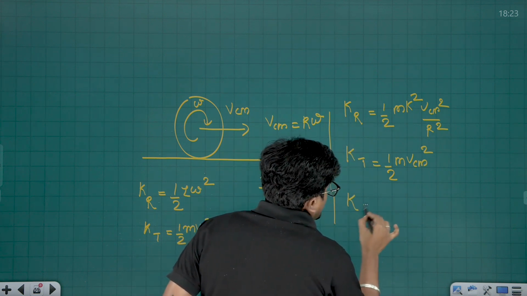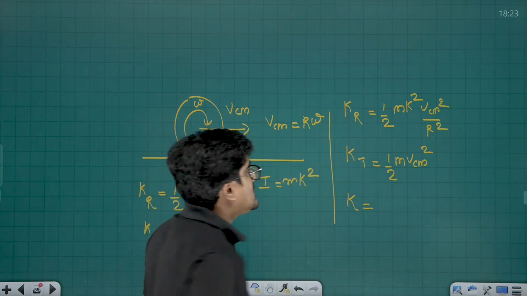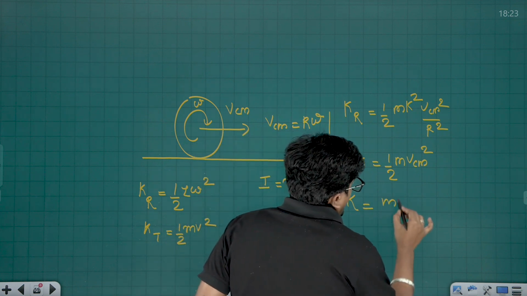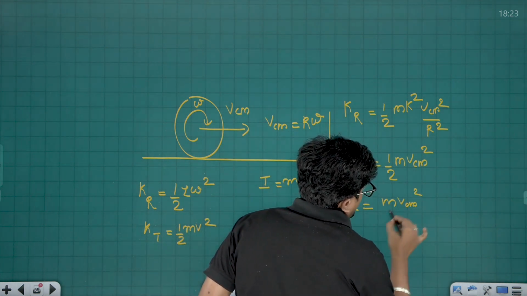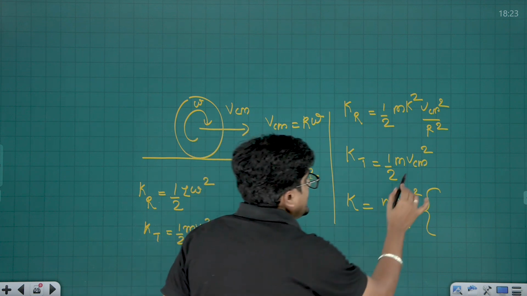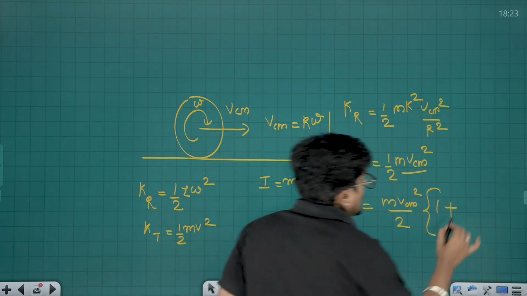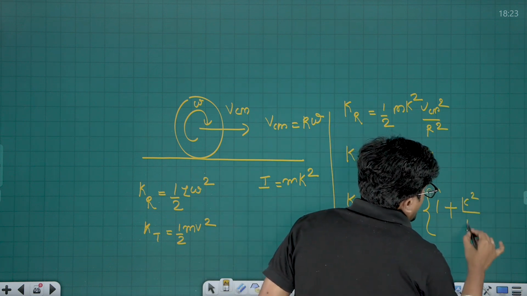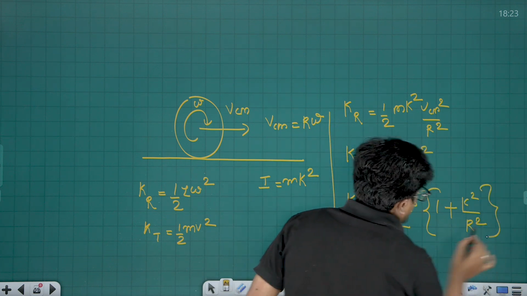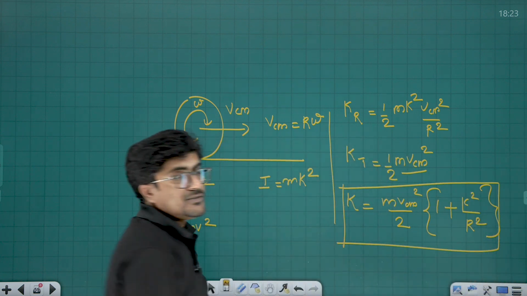Now the total kinetic energy is going to be the summation of all this. Now here I have got m into Vcm square by 2 as common. Alright, and here it's going to leave 1, and here this is going to leave K square by R square. So here this is going to be the expression for total kinetic energy.